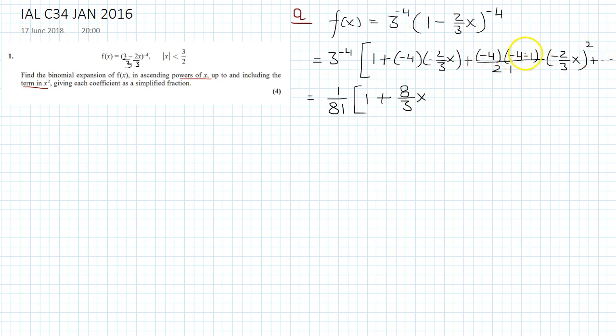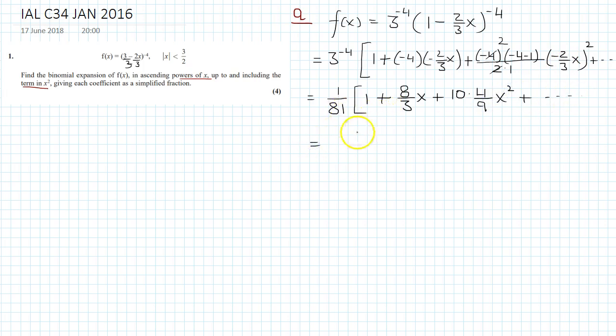This is two negatives, that will be positive. We can cancel this 2 by 2. 4 times minus 5 and minus 2, that is plus 10, plus 10. 2 squared is 4 over 3 squared is 9 x squared, plus we need not write others.